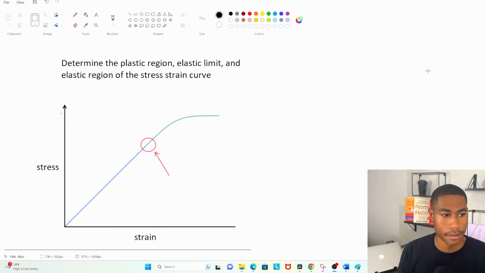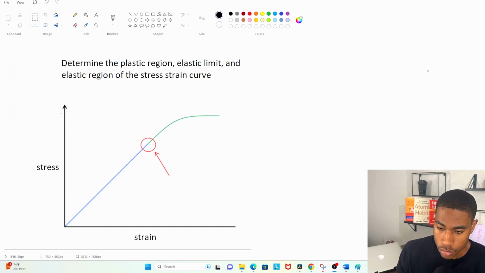In this problem, it says determine the plastic region, elastic limit, and elastic region of the stress strain curve. So from this stress strain curve, what is actually happening?